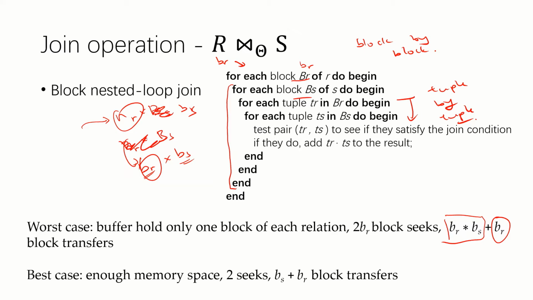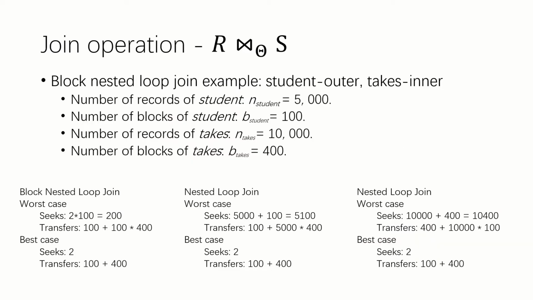And so in that sense, we only need to do 2 times br number of block accesses. So this part is actually pretty interesting, and as you can tell, it is quite a big improvement over the previous scenario of the basic nested loop join.